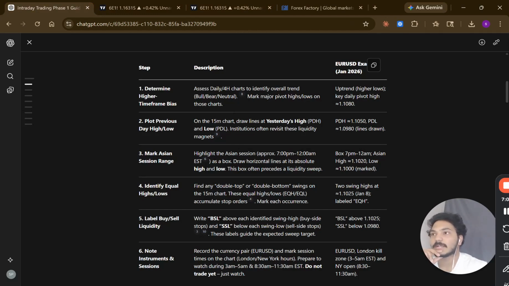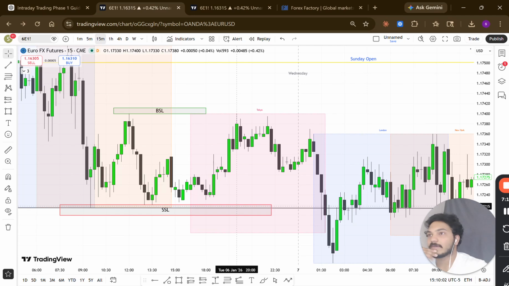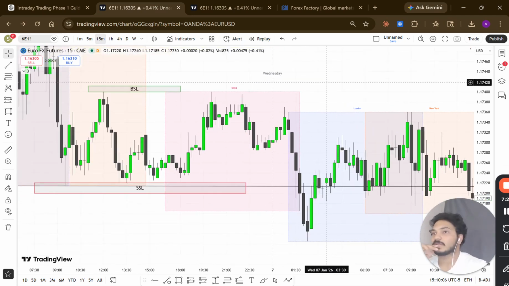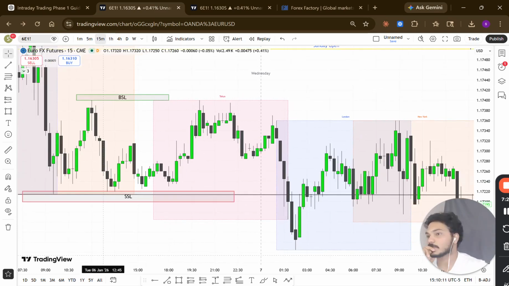We already marked yesterday's high and low, and we dropped to the 15-minute chart. So we have identified the Asian range high and low.